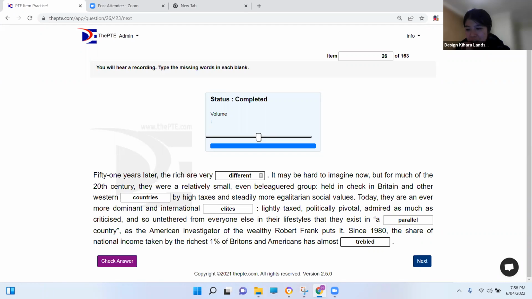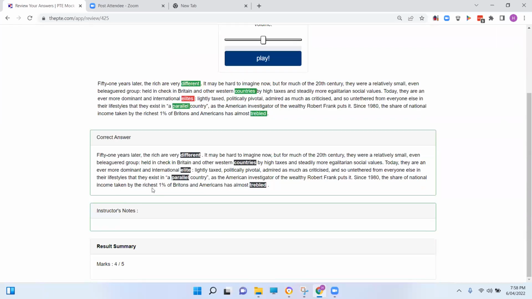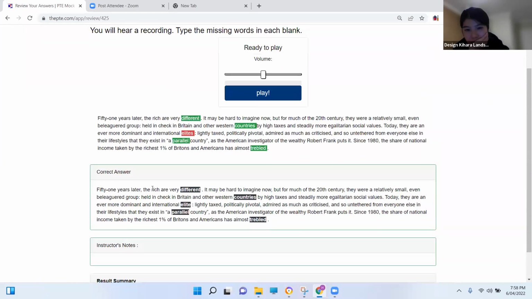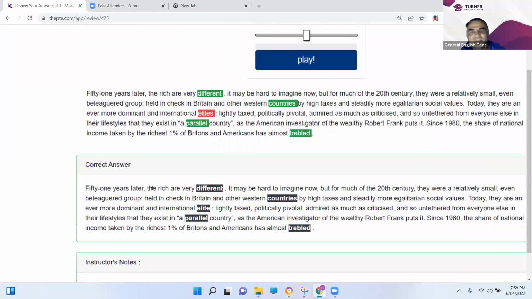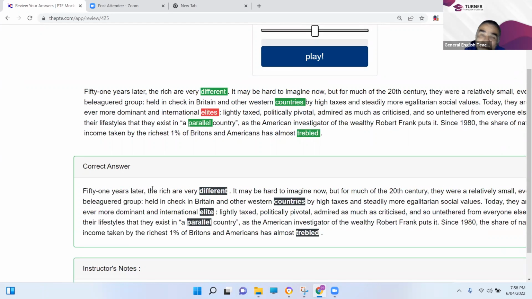Trebled. Treble means triple. Triple is an adjective, this is the verb. Triple is also correct. Tripled and trebled, all the same thing.